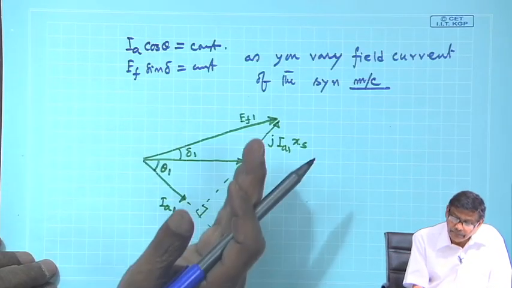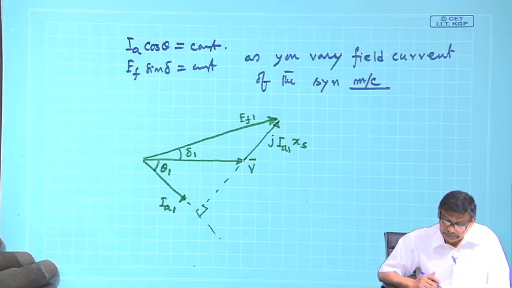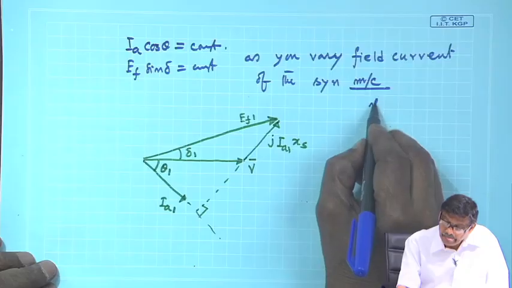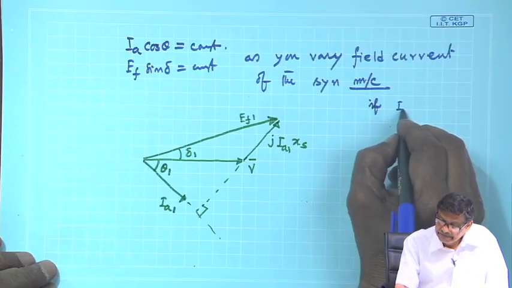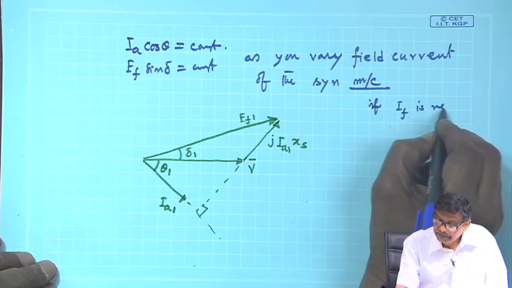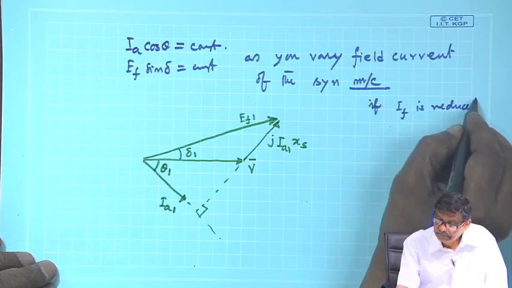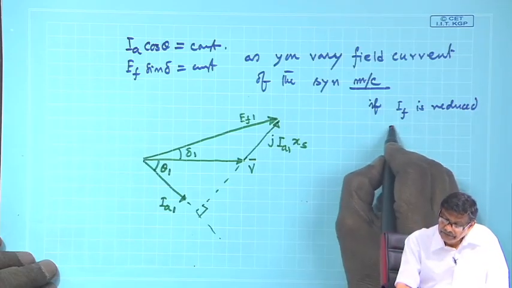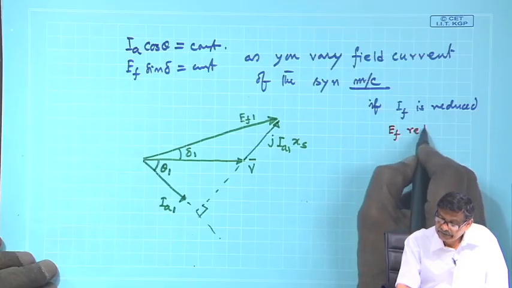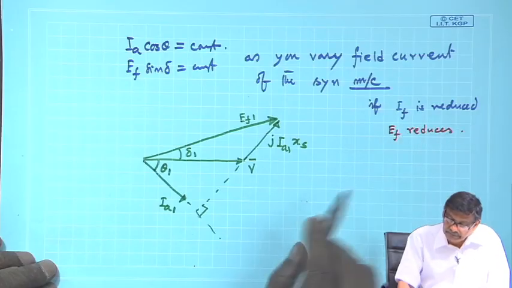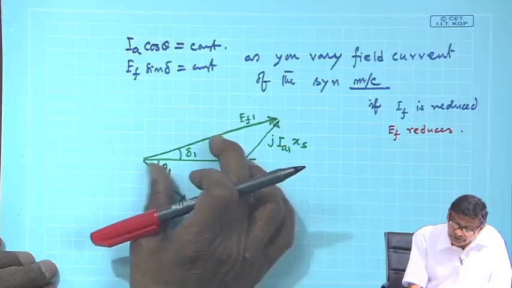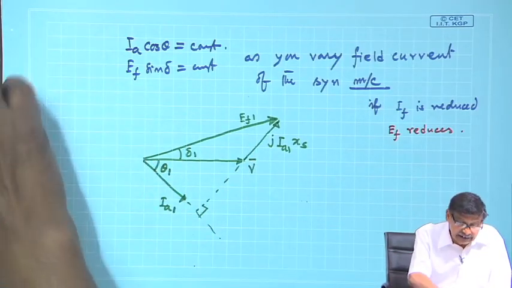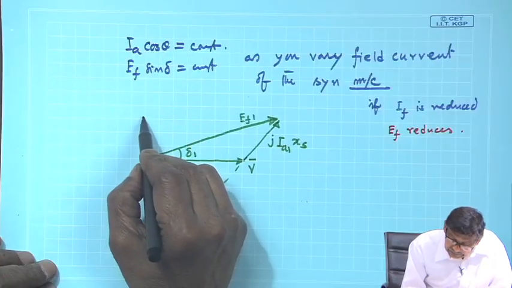Suppose I say I have reduced the excitation, what is going to happen? If I_f is reduced, E_f reduces, that is, the length of E_f will reduce, but I know E_f sin delta is constant.